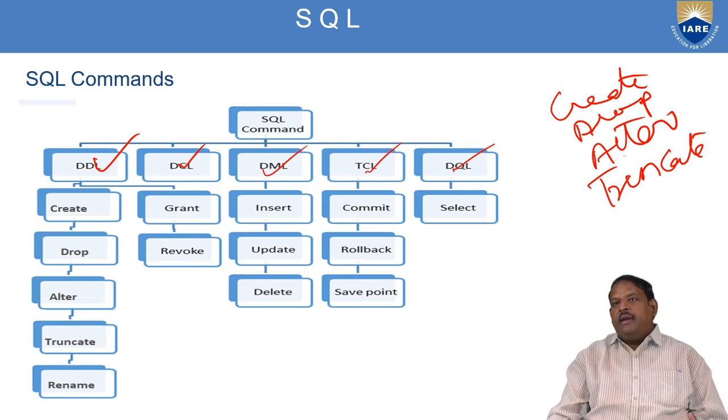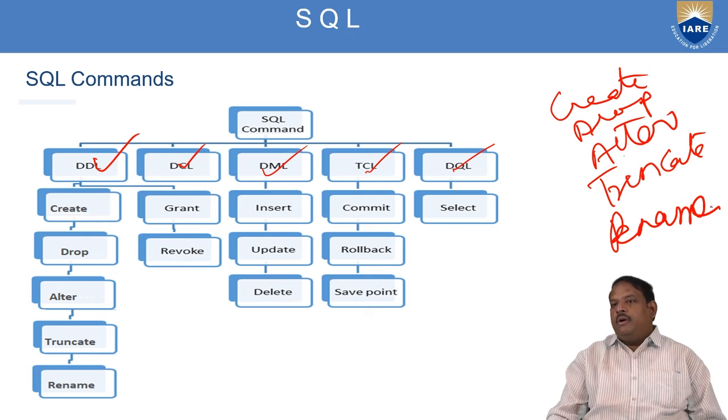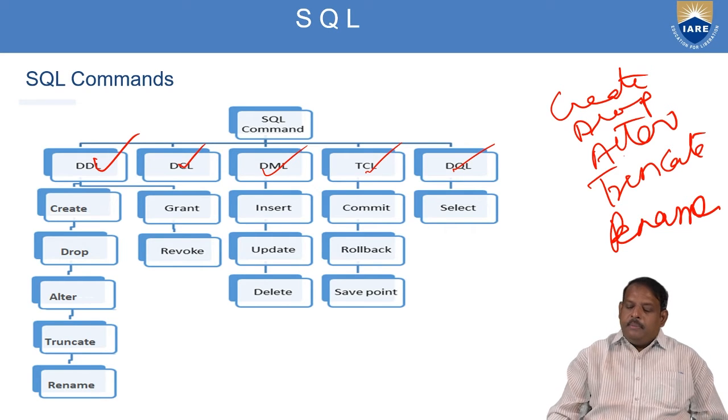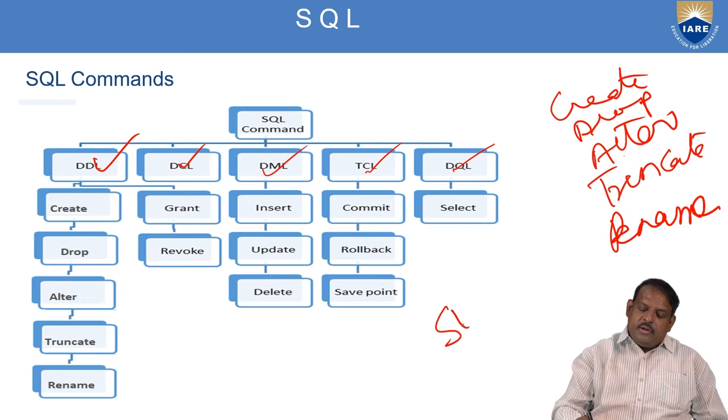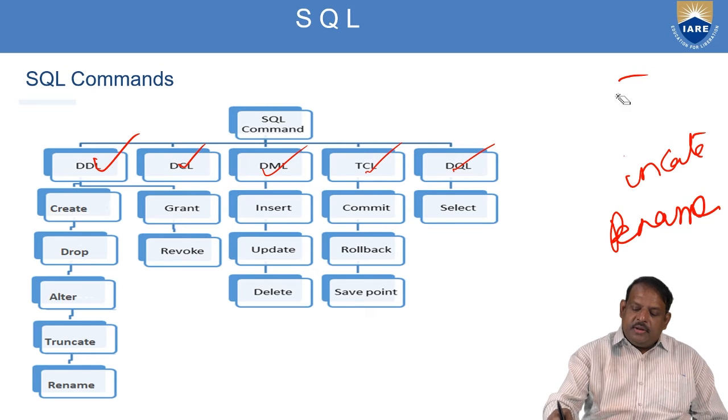When I use truncate, all the 100 records will be removed from the table. Then I also have rename. When I use this rename option, my object's name will be modified. For example, if it is student, I'll make it students. So this is the first command group.